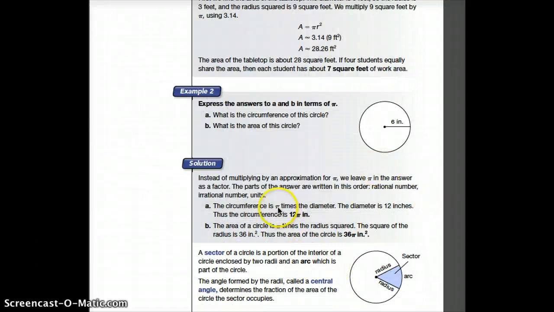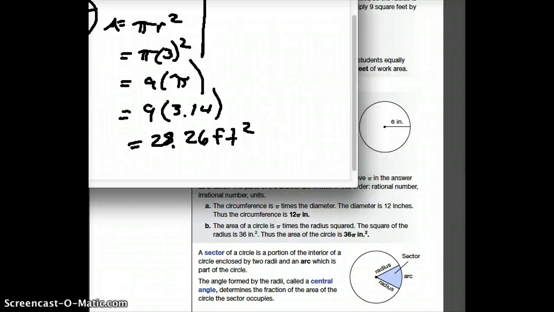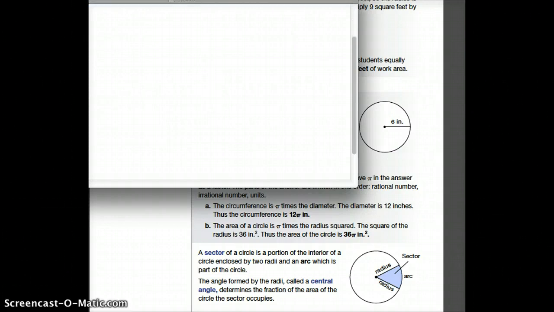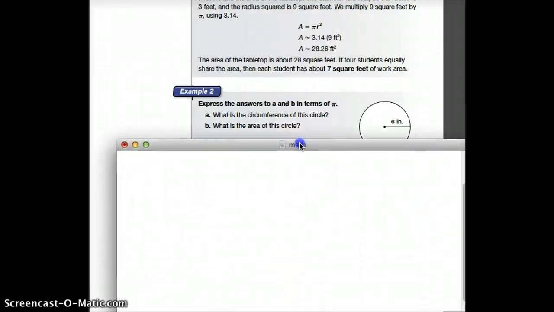Next. Example 2. Express the answers to A and B in terms of pi. What is the circumference of this circle? Remember, circumference is 2 pi r, and the area is pi r squared. This is very important to remember, what they're asking for. So first they're saying the circumference.